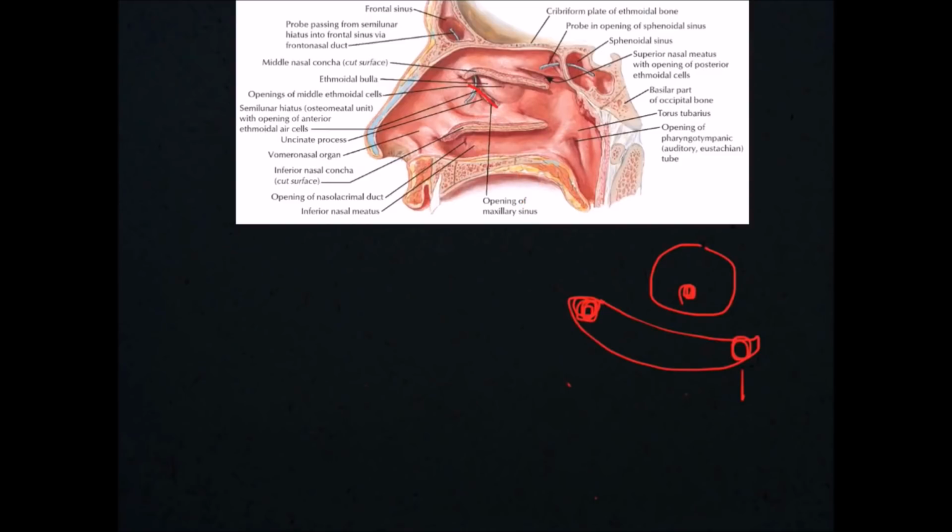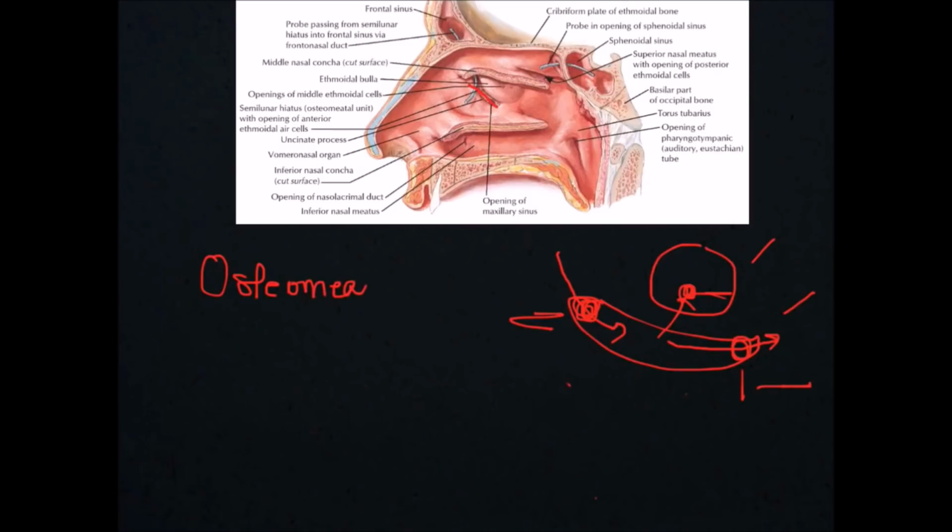Now the drainage of the frontal sinus, the pus or the infected discharge, will easily go into the maxillary and easily go into the ethmoids, thereby causing inflammation of maxillary as well as ethmoid. That means inflammation of one can lead to the inflammation of the other two.